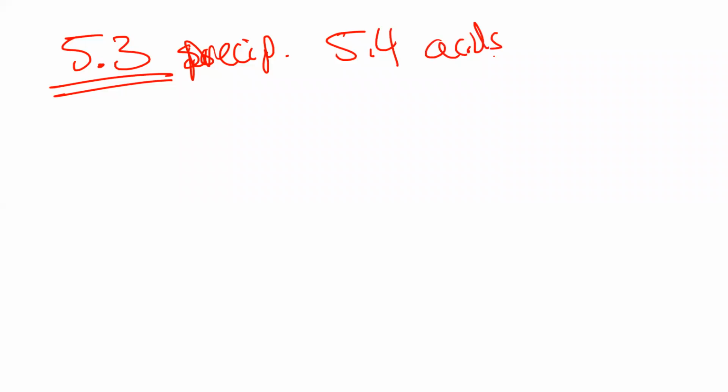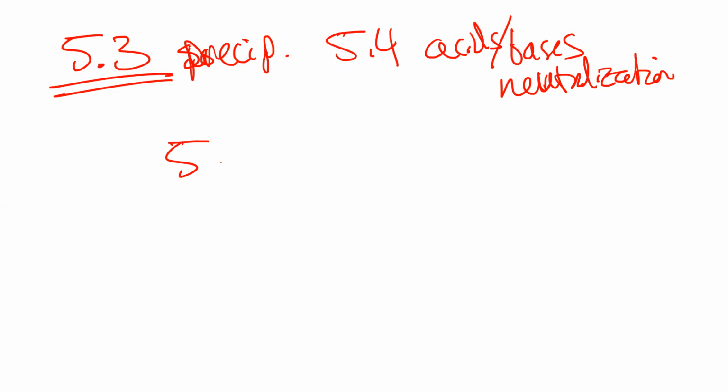Precipitation reactions and solubility. I'll have to come back to that because the point I want to get to is actually 5.5. 5.3 is precipitation reactions. 5.4 talks about acids, bases, neutralization. I am so far behind on time. 5.5 is where we want to get to.